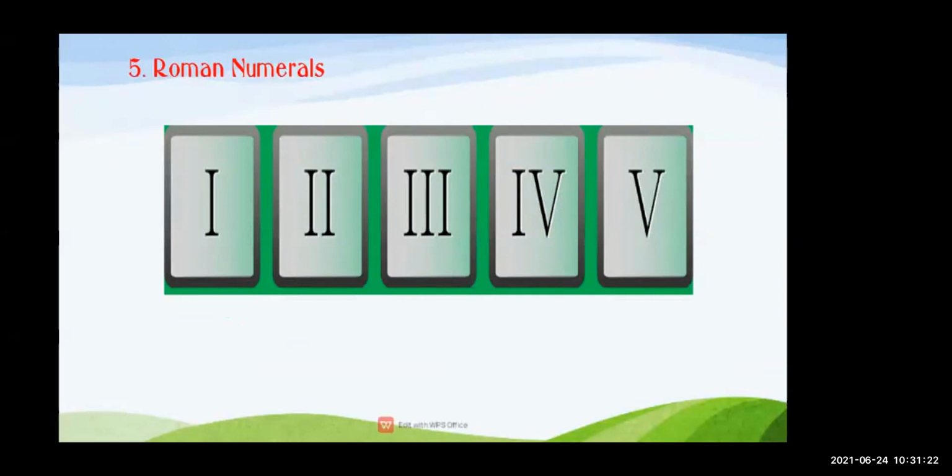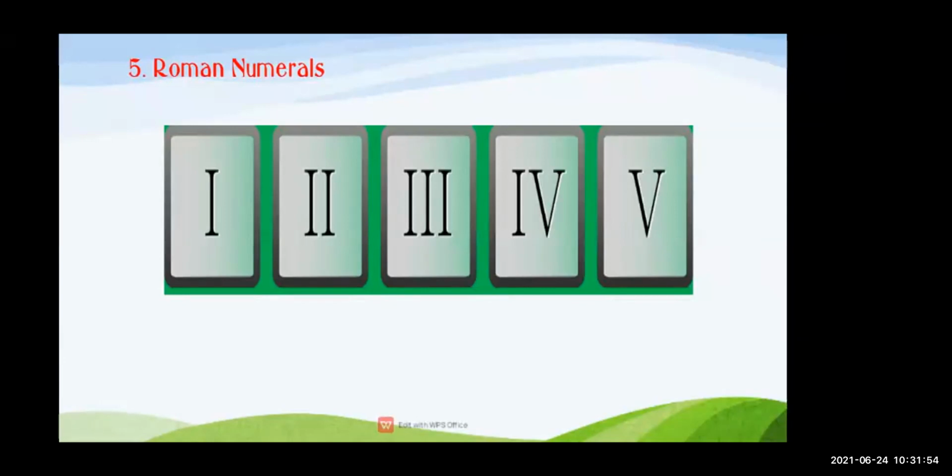Now here, first I means what? Write in the chat box. I means what? Very good. I means 1. Now I I, that means which international number? Very good, it is 3. Only V means it is 5.